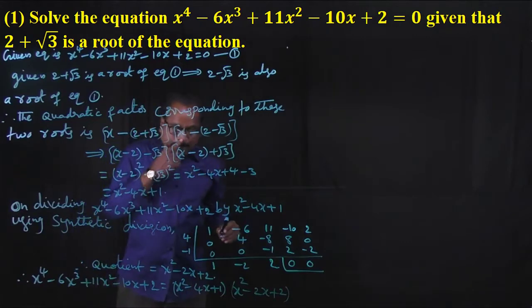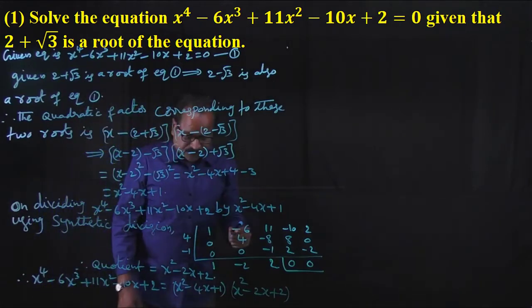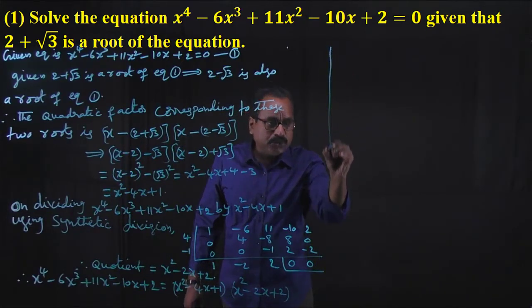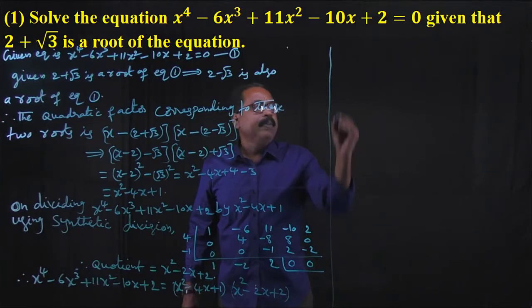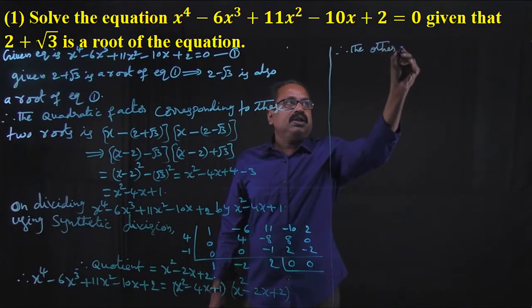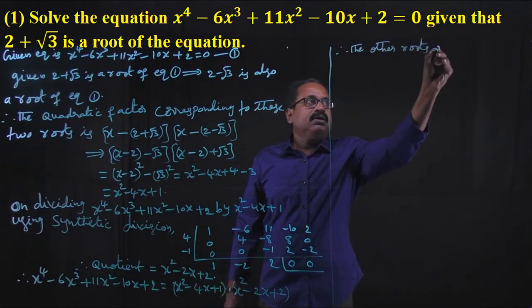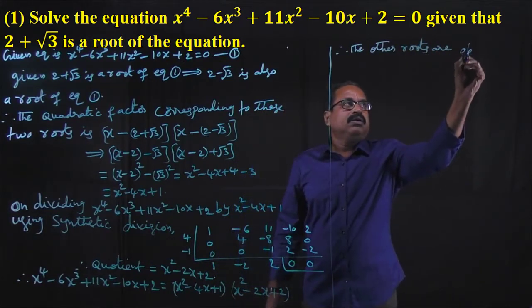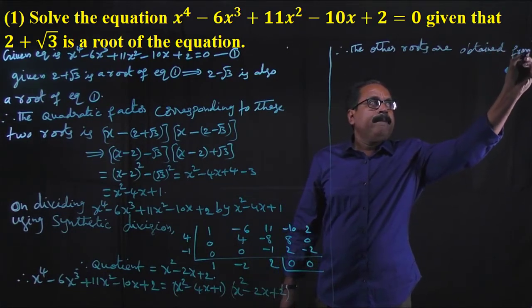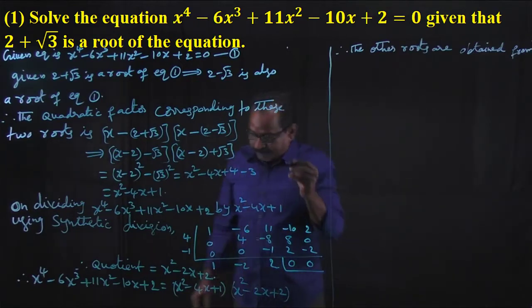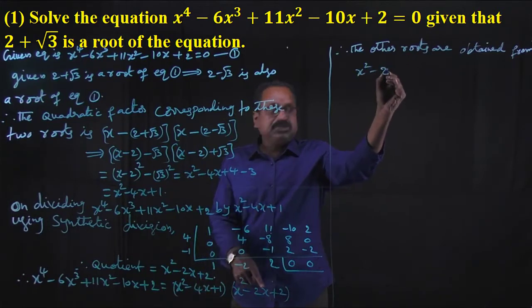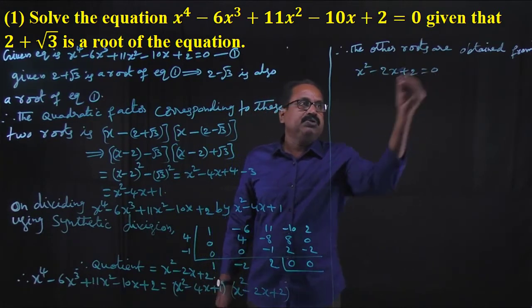Therefore, the other roots are obtained from x square minus 2x plus 2 is equal to 0.